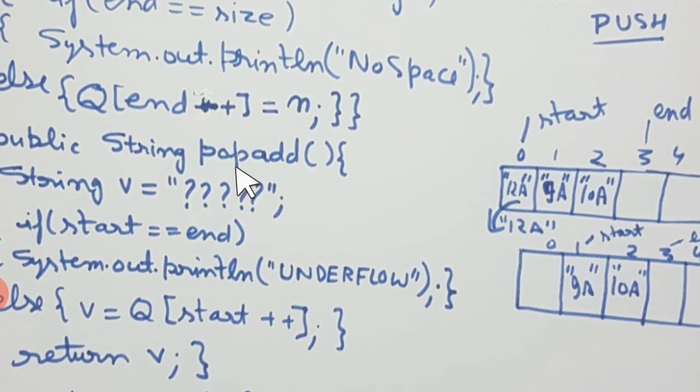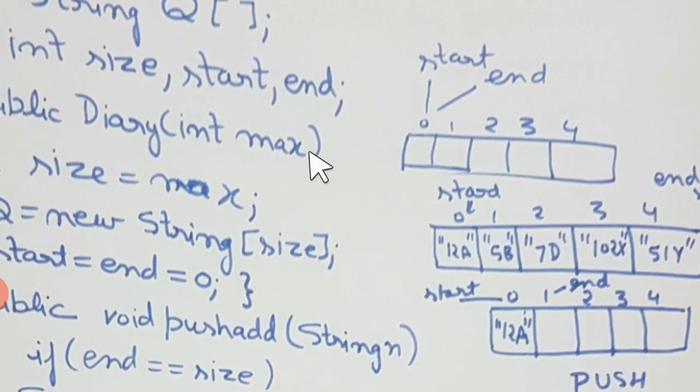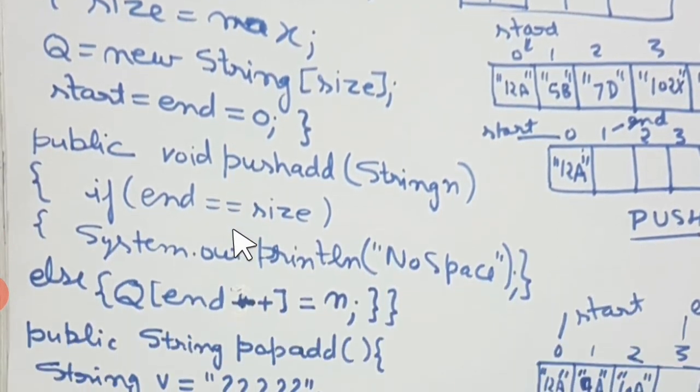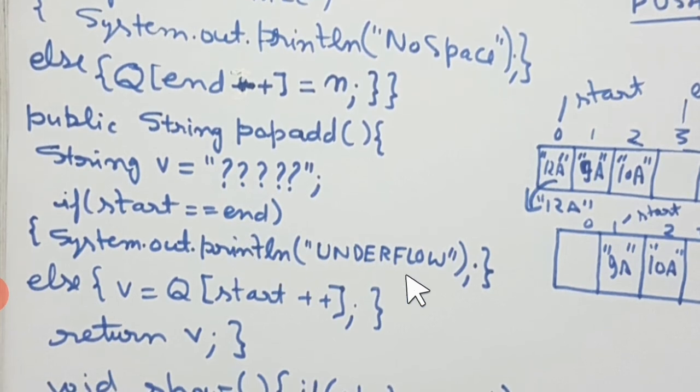So first we will check whether some elements are there or not. If start equal to end, which was the initial stage of the Q, then the underflow condition is there. No element is there, so what will you remove?